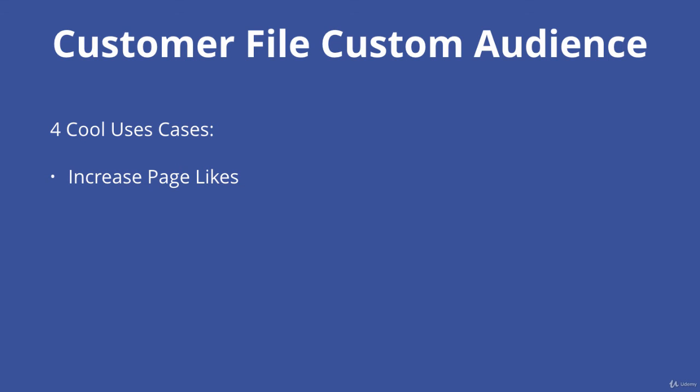So you probably have people on your email list or on your customer file who have not liked your Facebook page. You can use this new audience to run a campaign with that objective, and you can really exclude people on that same campaign who have already liked your Facebook page who are on the list. So you're really getting targeted, just people who haven't liked the Facebook page, and that's going to give you a huge boost in page likes.